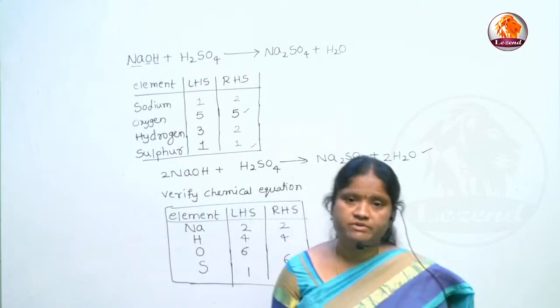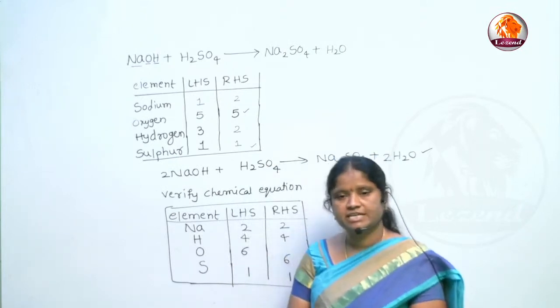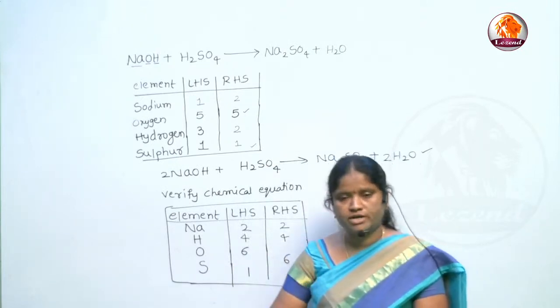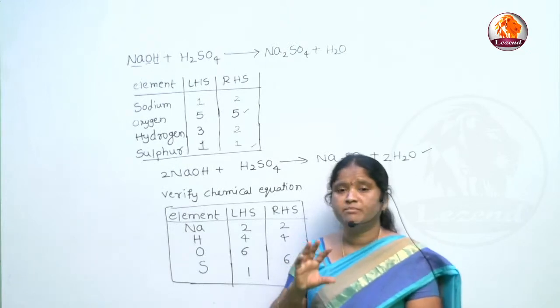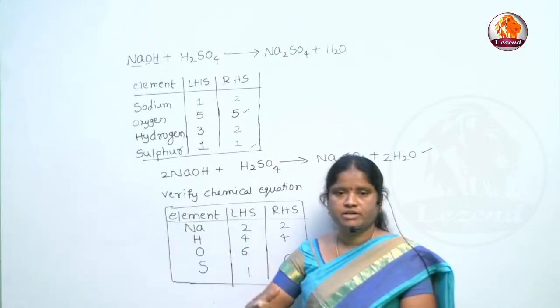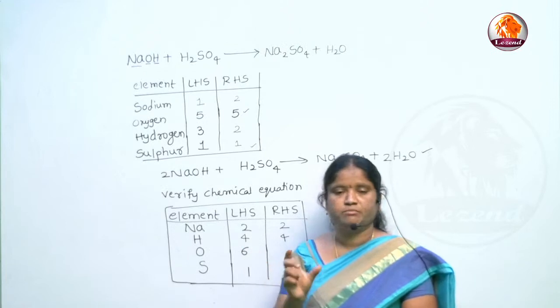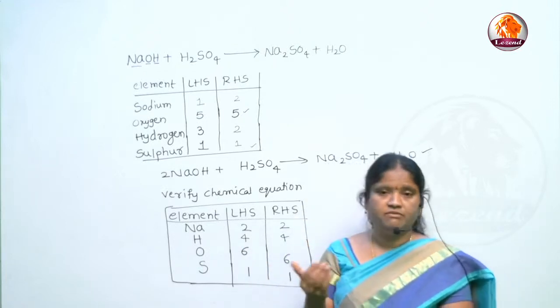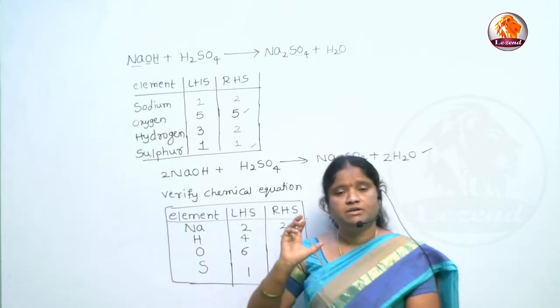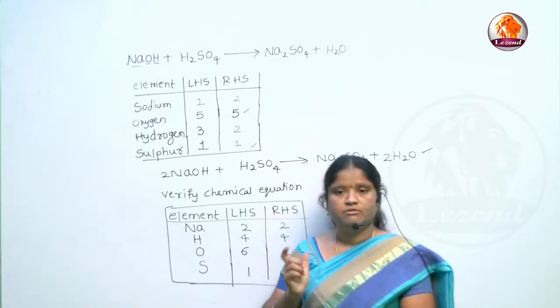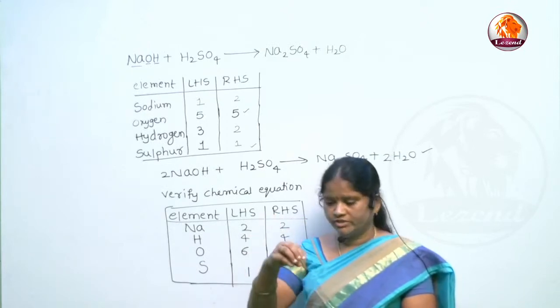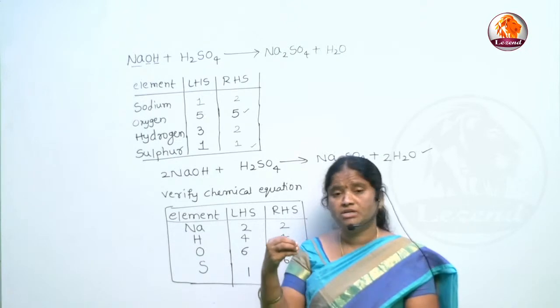According to the law of conservation of mass, mass can neither be created nor be destroyed. Conserved means it remains the same, it will not be destroyed. Whatever is already present will not be lost, and nothing new is created. So what does that mean?